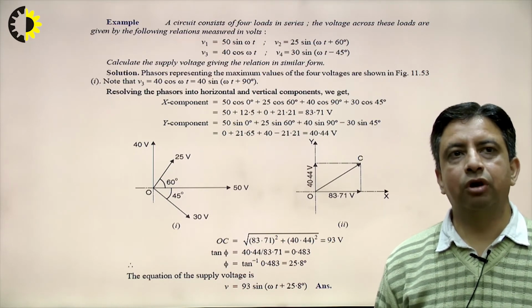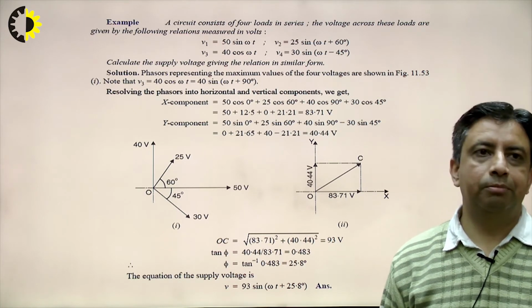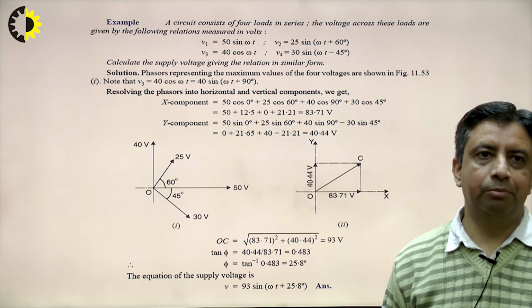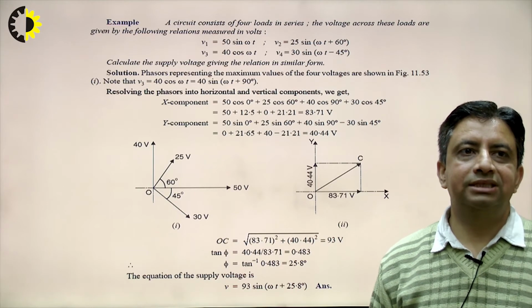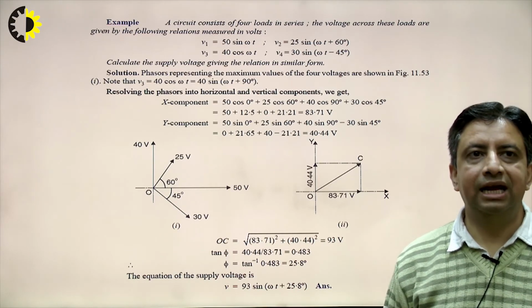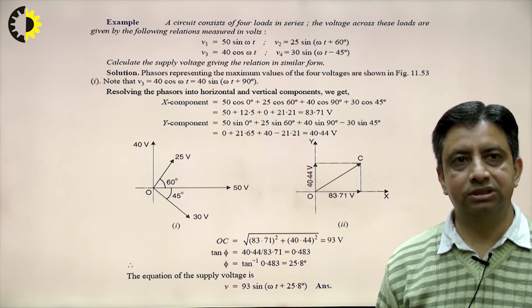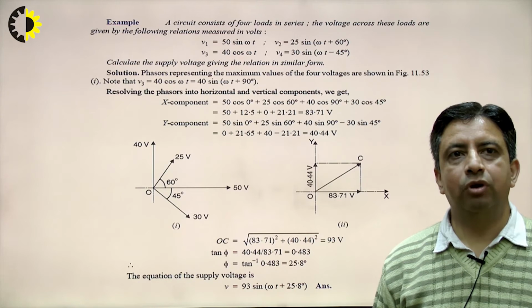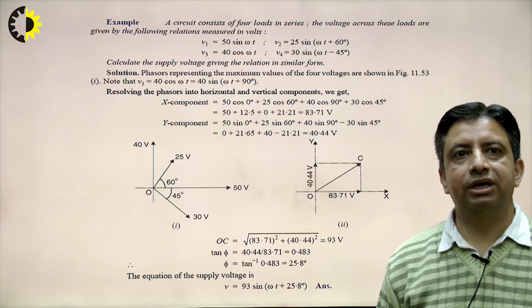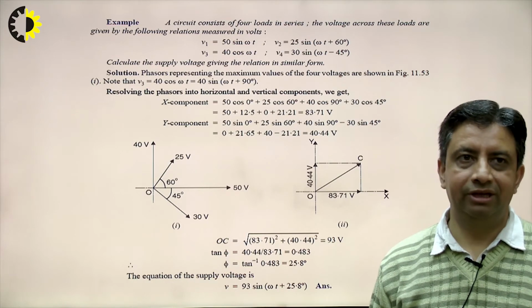Now, we can resolve all these 4 quantities into horizontal and vertical components. In the horizontal component, all these quantities are written in the cosine form. The first is 50 cos 0, second 25 cos 60 degrees, third 40 cos 90 degrees and fourth 30 cos 45 degrees.